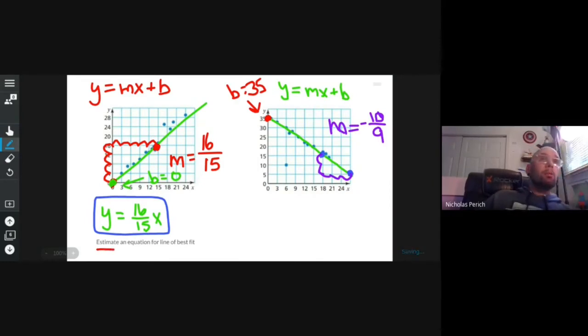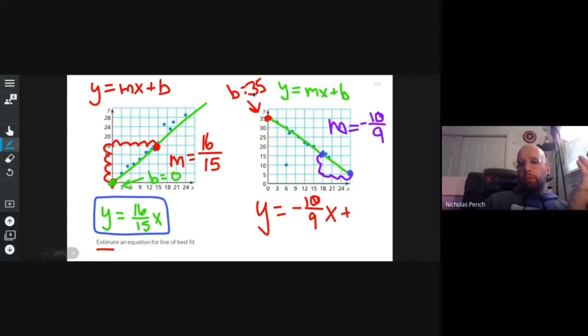We're taking my lines, which are not that good, and we're trying to make an equation from my lines. So I have y equals mx plus b. I'm going to replace this m with that m, which turned into negative 10 over 9, x plus b, and my b is 35.